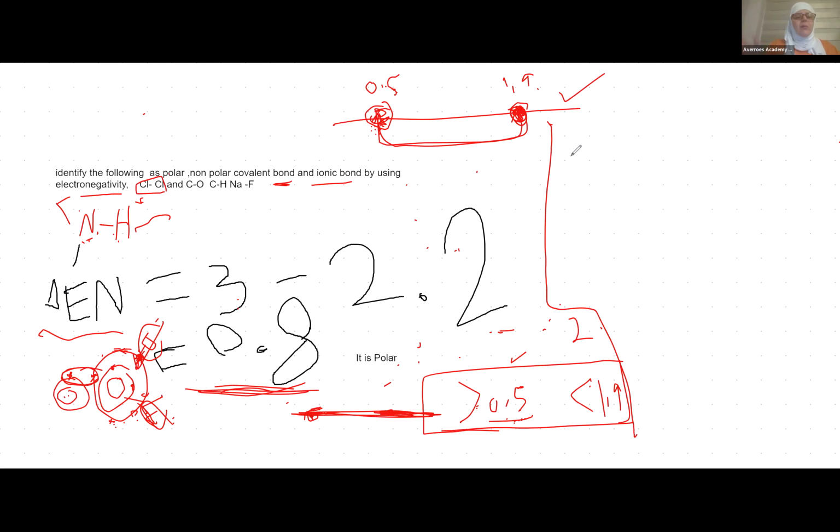But what about the whole compound? Is it polar or non-polar? Even though it's grade 12, this polarity, if cancelled, at least this will stay. So it's a polar compound because of the shape; we have to know the angle and the shape that it takes. It has 3 polarities.